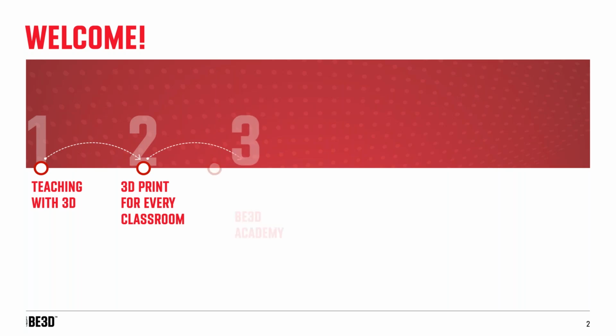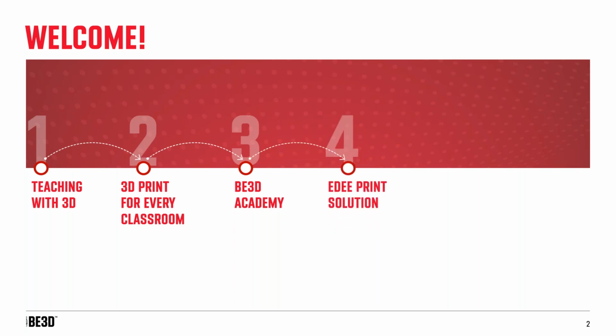Then we'll spend most of our time in the BE3D Online Academy. We're going to look at things like the online resources, the model databases, and the lesson plans. And we'll actually dive down deep into one of the lesson plans called the Da Vinci Bridge. Then we'll discuss how you get started and what's included in the entire BE3D print solution.